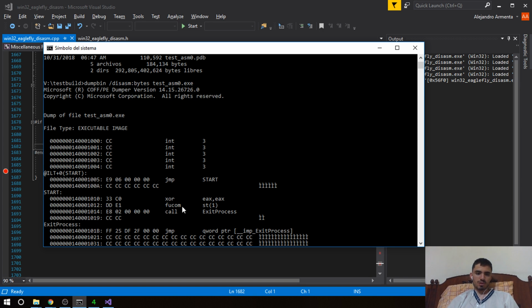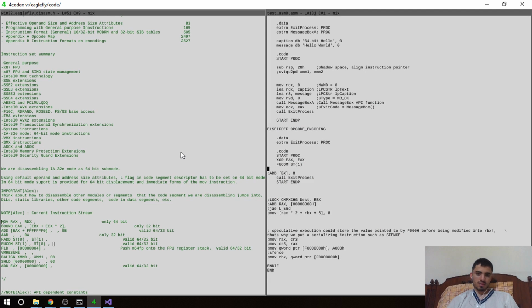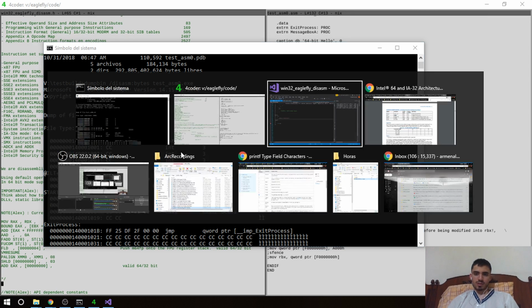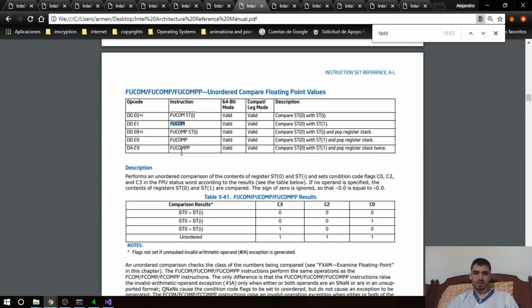Yeah, pretty much it. So that's nice, and it's valid on both. Okay, that's correct. So we have a FUCOM that's valid. All of them are valid on 64-bit compatibility.